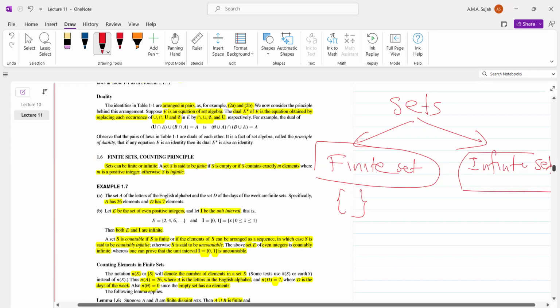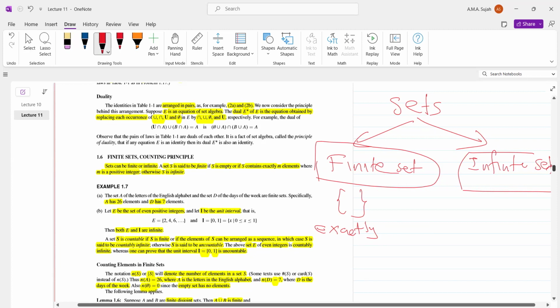Or the set has exactly a particular number of elements, m number of elements, or exactly you know the number of elements in a set, we can say that is a finite set, right? Infinite set means you don't know how many elements belong to that particular set. These sets we can call an infinite set, right?